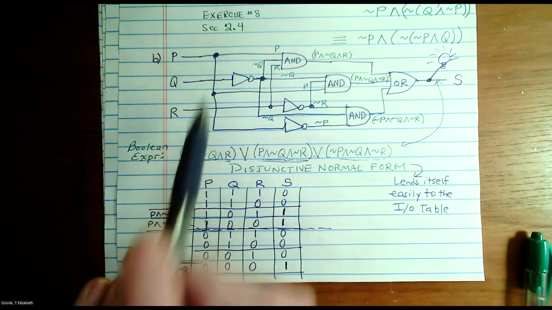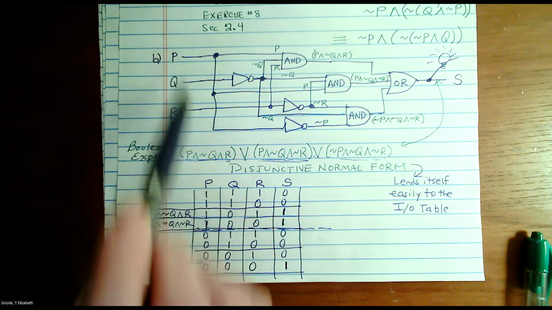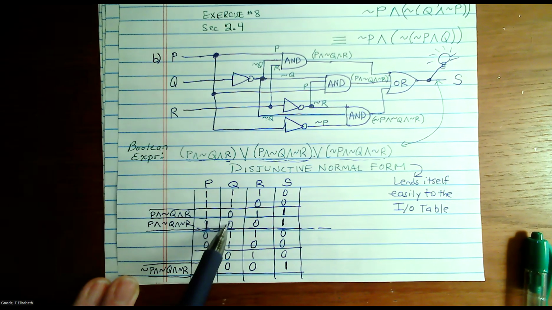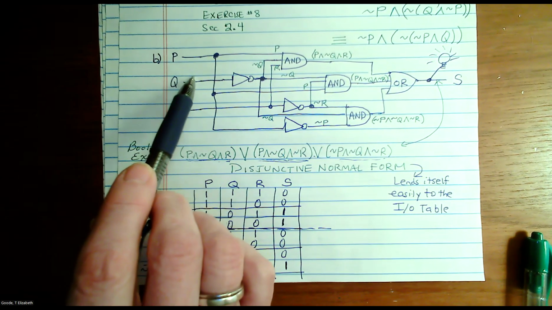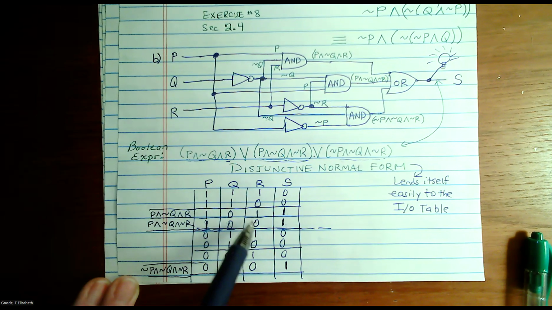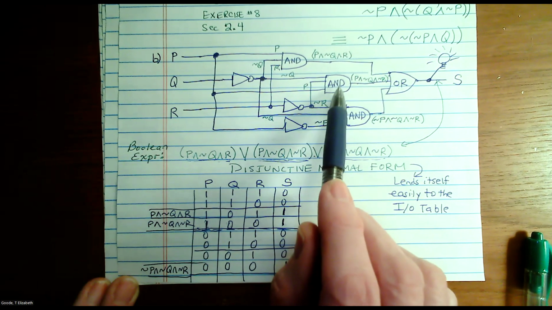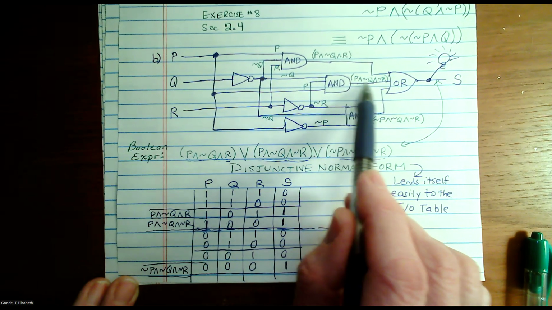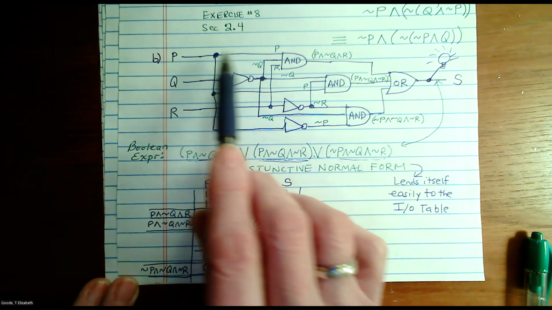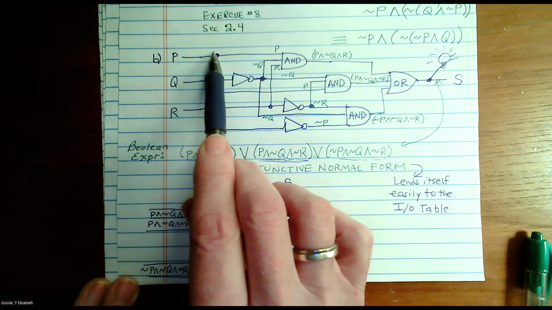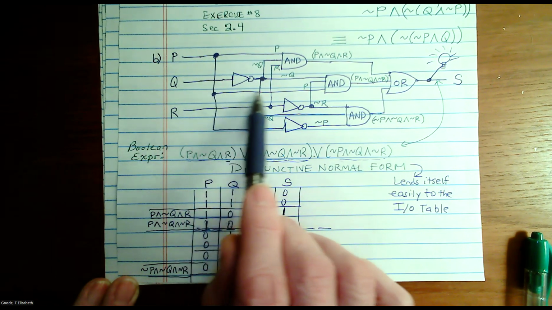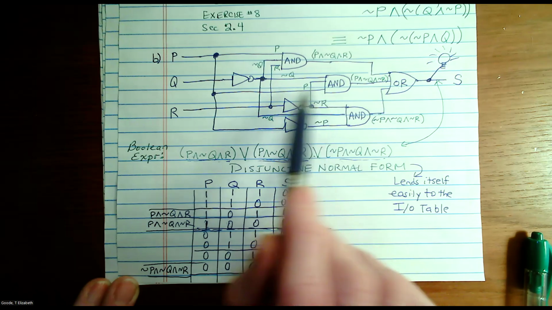If you feed through a 1 for P and a 0 for Q and a 0 for R, this middle AND gate is going to have a hot output. From P is 1, because if P is 1, this 1 comes into this AND gate, it's hot.